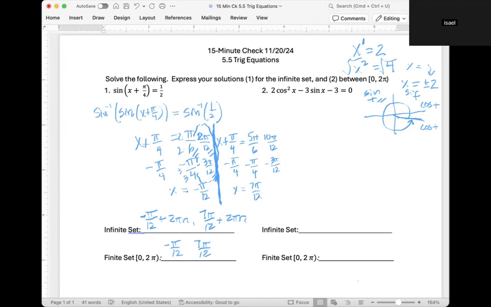Oh, okay. Yeah. Thank you. I mean, you could do it at the beginning. If I wanted to, I could say this is 3 pi over 12 instead of pi over 4. You could do that at the beginning so that you can see it. That's perfectly acceptable as well.